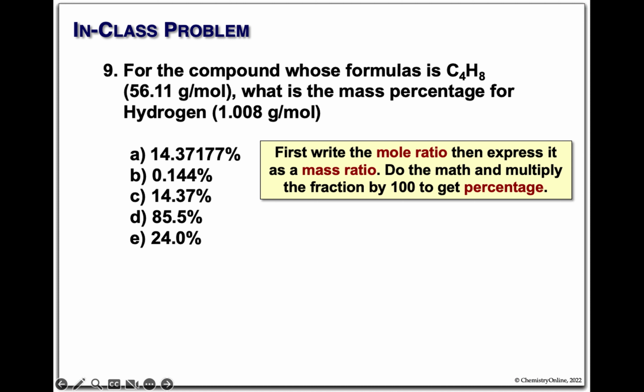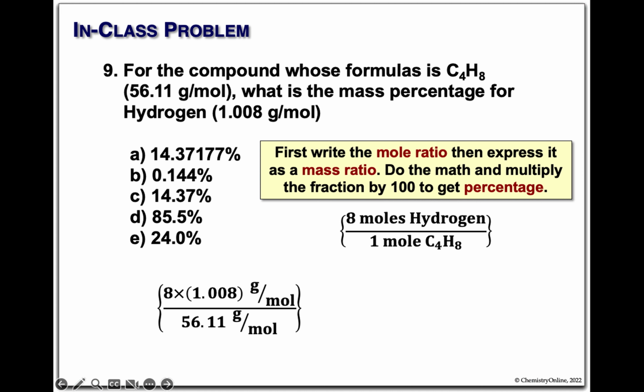So there's our mole ratio. We have 8 hydrogens in every C4H8. Now saying 8 moles of hydrogen is the same thing as saying 8 times 1.008 grams of hydrogen. 8 times 1.008 grams per mole.